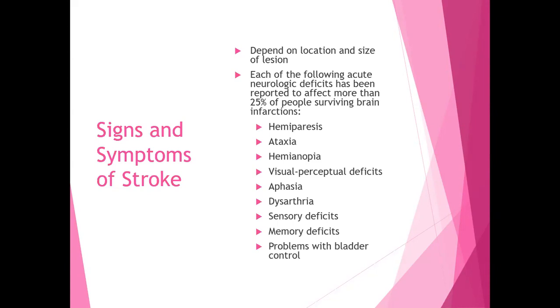Hemianopia, which is loss of half of the visual field. Visual perceptual deficits. Aphasia, difficulty speaking. Dysarthria, difficulty with the motor part of speaking. We'll talk about the difference between aphasia and dysarthria in a later chapter. Sensory deficits, memory deficits, and problems with bladder control. So all of those have been reported in more than 25% of people surviving brain infarctions.